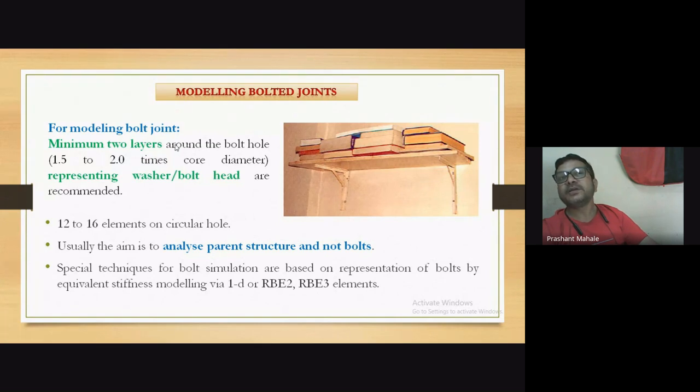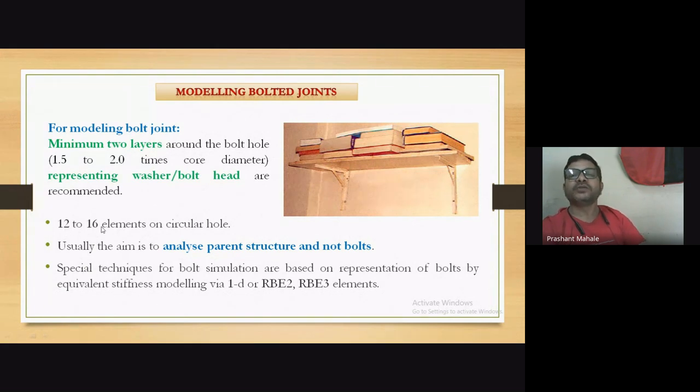That area is under a certain pressure, or you can say a uniformly distributed load, and it is to be measured accordingly. The general consideration is two times. 1.5 to 2 is given here, but 2 is considered, more is better. If D is the core diameter, meaning the hole diameter, then 2D will be the area we consider for analysis.